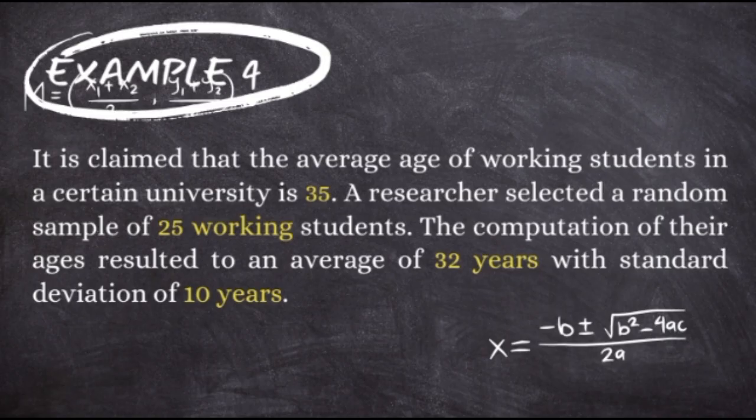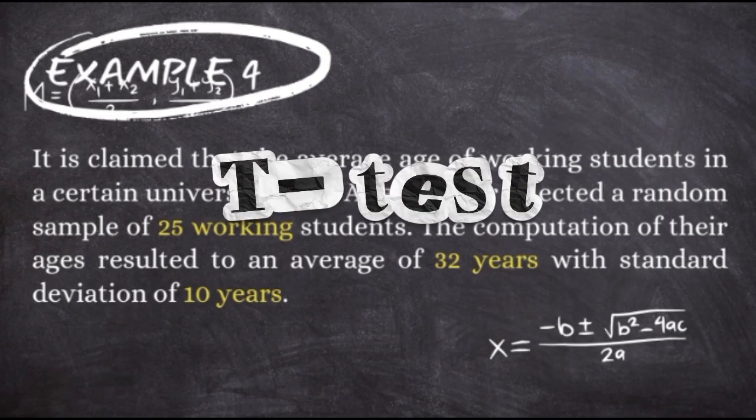Our standard deviation is not known since none is given. So the statistical test we will use is the t-test. Why? Because the sample size is less than 30 and the standard deviation is not known, so the t-test is used.